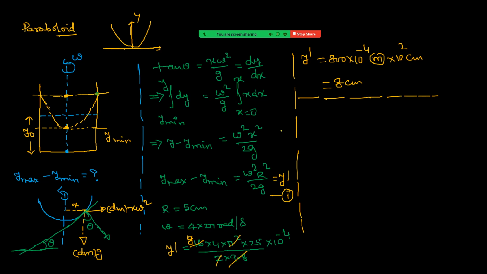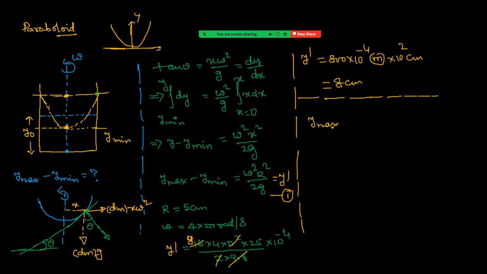Okay, it's a volume I am writing here. The volume of the cylinder has height equal to y maximum minus y minimum.